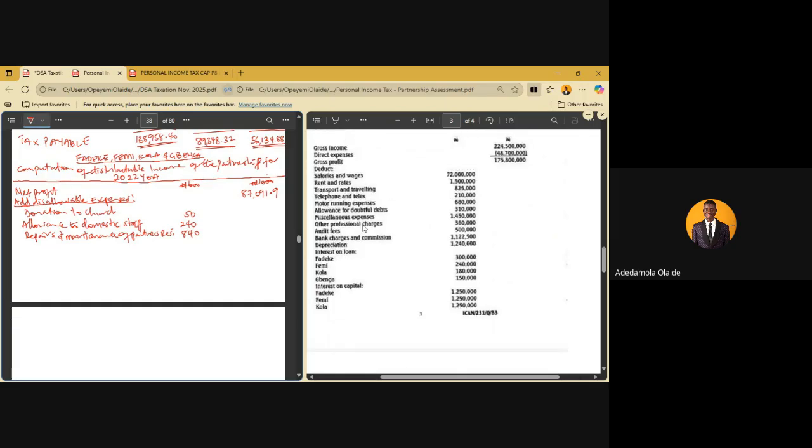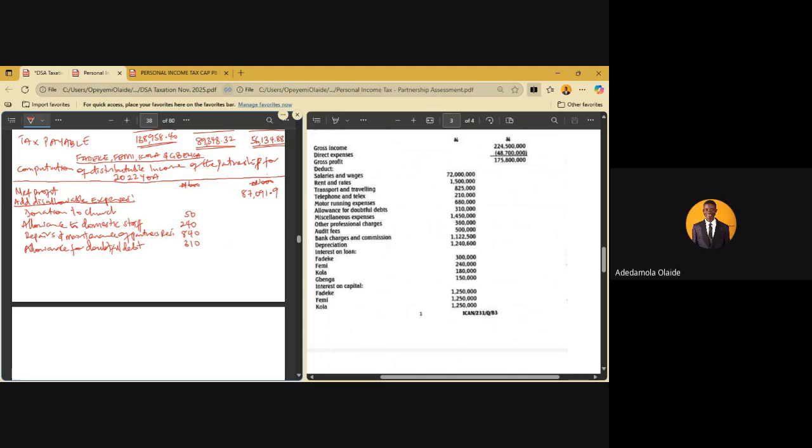We go back up. Salaries and wages allowable, rent and rates allowable, transport and traveling allowable, telephone and telex allowable, motor running expenses allowed. Allowance for doubtful debt should be 310.